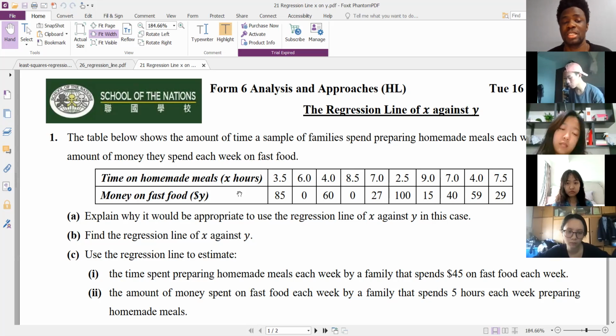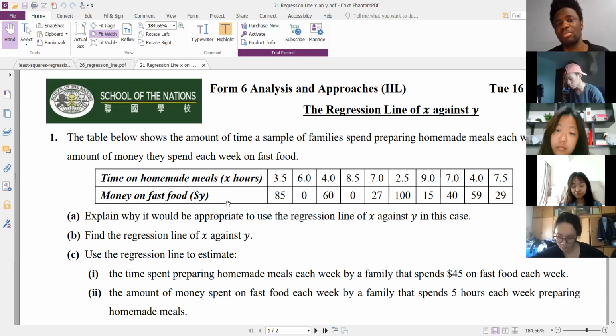It's easy to keep track of money spent on fast food because you can always collect the receipt over time. If you want to get that precise, you can always get the receipt. However, time on oatmeal is just going to be an estimation. It will be less precise than the money. We are not saying both of them will be precise. We are not saying one is perfect, but we are looking at one that is more precise than the other.